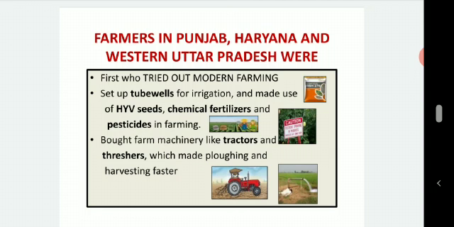In fact, they purchased tractors, threshers, chemical fertilizers, pesticides. They also purchased special high yield variety seeds, or the HYV seeds. They set up electricity run tube wells too, and the result was astounding. That means they got surplus production of wheat.